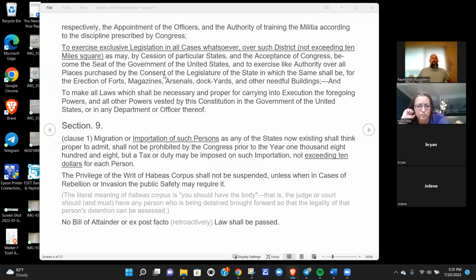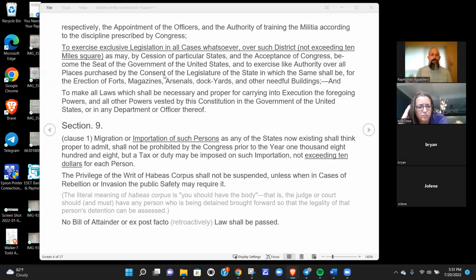All right. The Congress has the power to exercise exclusive legislation in all cases whatsoever over such district, not exceeding 10 miles square, as may be ceded by particular states, and the acceptance of Congress become the seat of the government of the United States, and to exercise like authority over all places purchased by the consent of the legislature of the state in which the same shall be, for erection of forts, magazines, arsenals, docks, yards, and other needful buildings, yada, yada.